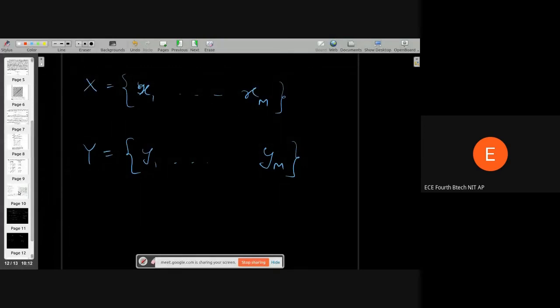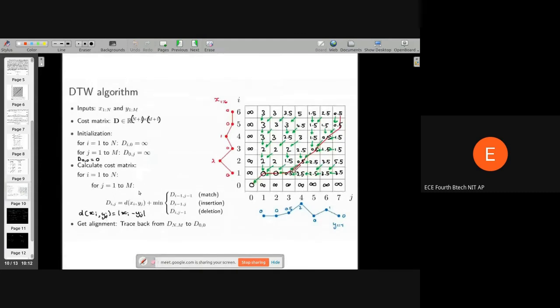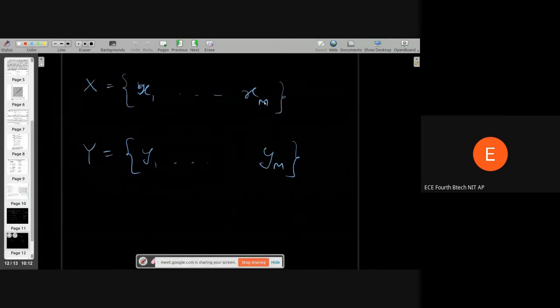Where was it? Yes. Okay, so here it is written x1 to n, y1 to m. So let me change it here. x1 to n, and y1 to m. Let me make it uniform so that there is no ambiguity.